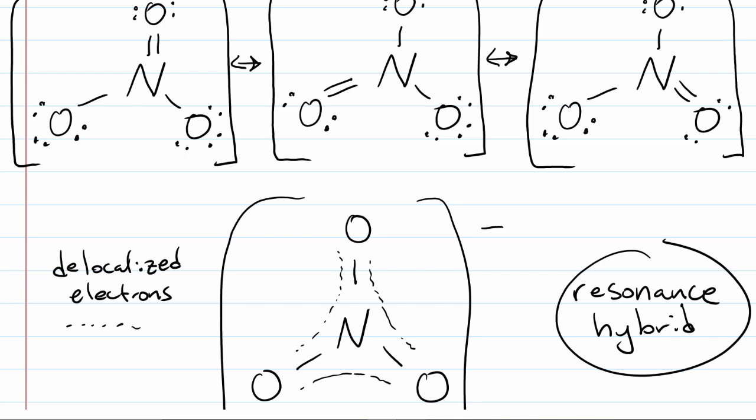So now, if we were to go to something like nitric acid, which is just a variation here on the nitrate ion, let's say that we would want to write a resonance description for HNO3 showing resonance structures.